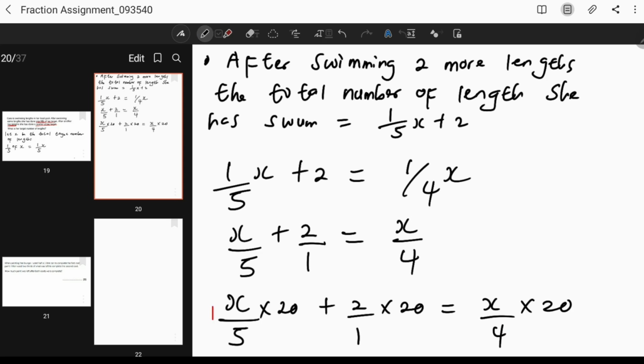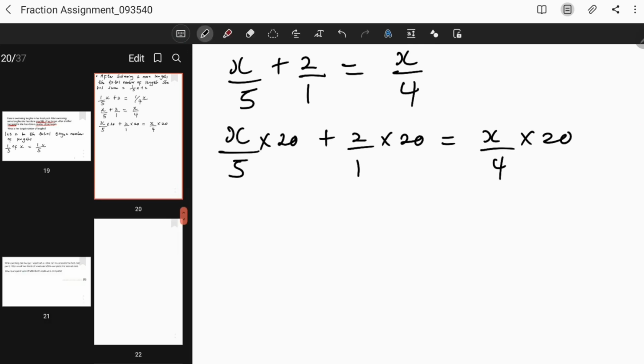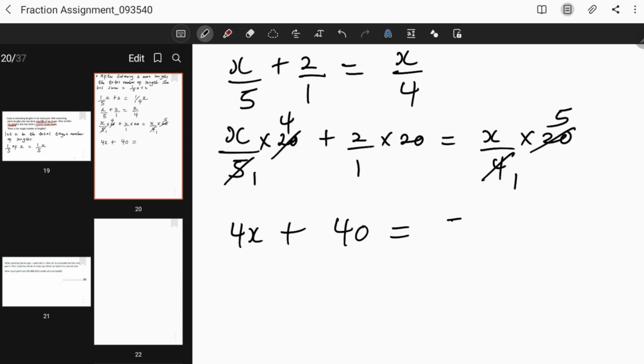All right, so let's simplify. 5 into 20 gives me 4, so x times 4 is 4x. 2 times 20 gives us 40. And 4 into 20 gives 5, so 5x.